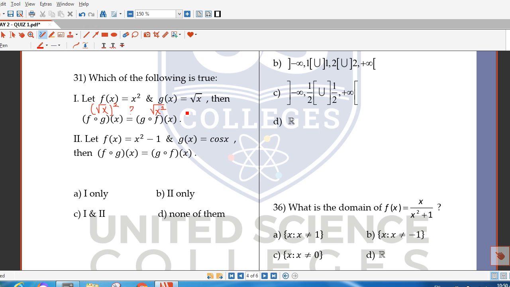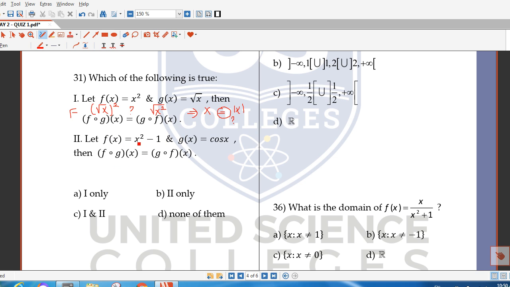Maybe we can think that they are equal to each other, but the square of the root of x is x always, but the square root of x squared is the absolute value of x. This is not always equal, not for every x. We need a condition, which should be written for numbers greater than or equal to 0. It is true, but we don't have any explanation like this, so it is false.